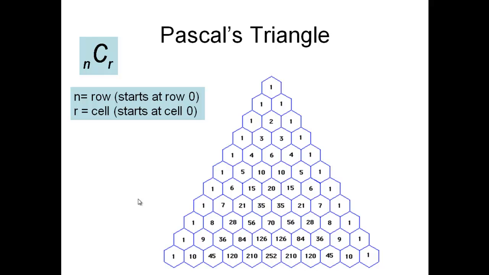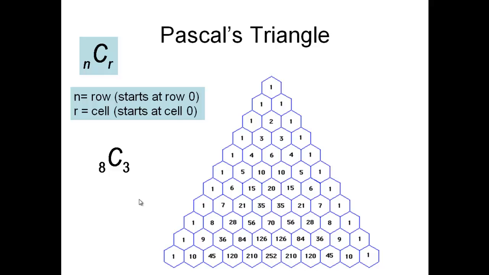Now, because we're always starting Pascal's triangle with 1s, we're going to call the first row row 0, because it really doesn't have a new value in it, just the 1. In the same respect, we're going to look across at the cells, and we're also going to start at cell 0. Again, this is all due to the fact that we're starting with a value of 1. So for example, this would be row 0, row 1, row 2, and this would be cell 0, cell 1, and cell 2, and so forth.